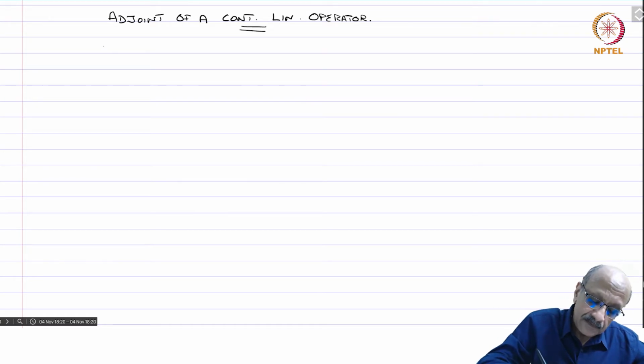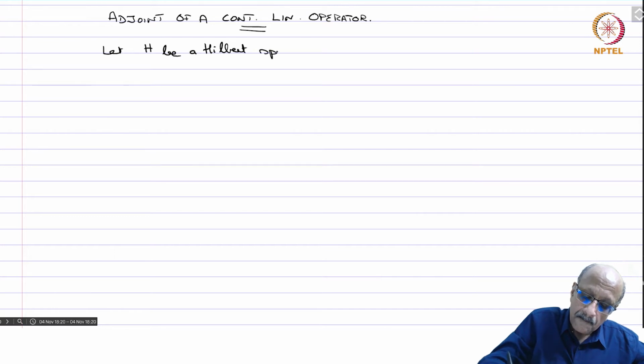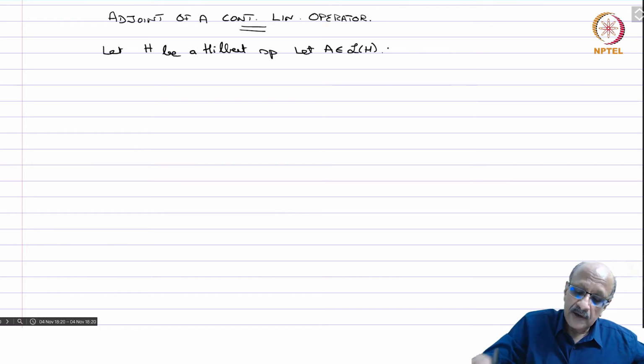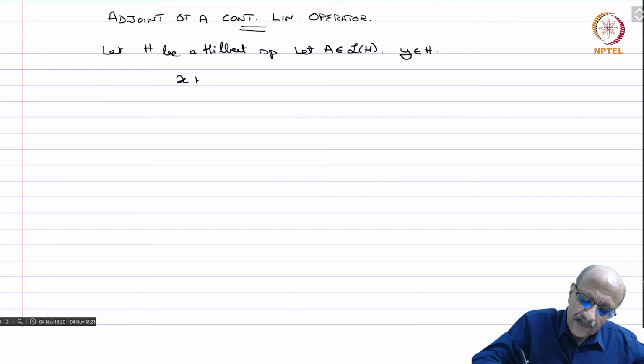So let H be a Hilbert space, and let A be a bounded linear operator, or continuous linear operator, on H. That means it maps H into H. So you fix y in H and you look at the map x going to <Ax, y>.